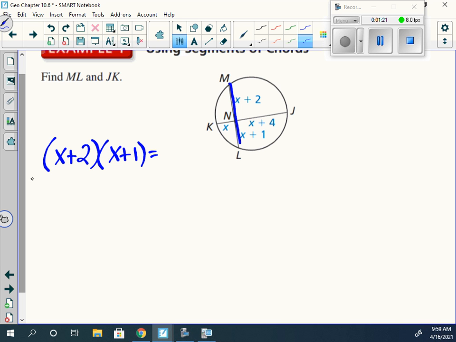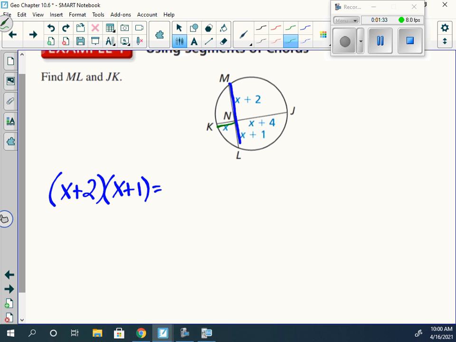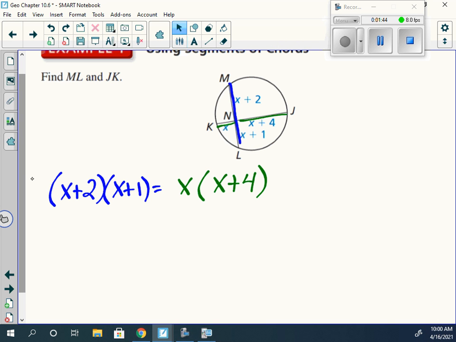So for ML, the two segments are x plus 2 and x plus 1, and we will multiply those two together. Now the other chord, KJ, one of its segments is x, and the other segment is x plus 4. So the product of the two segments of each chord, multiplied together, will be equal to each other.